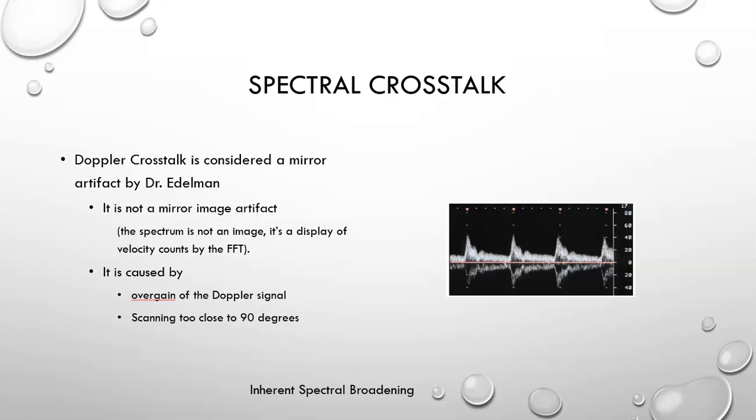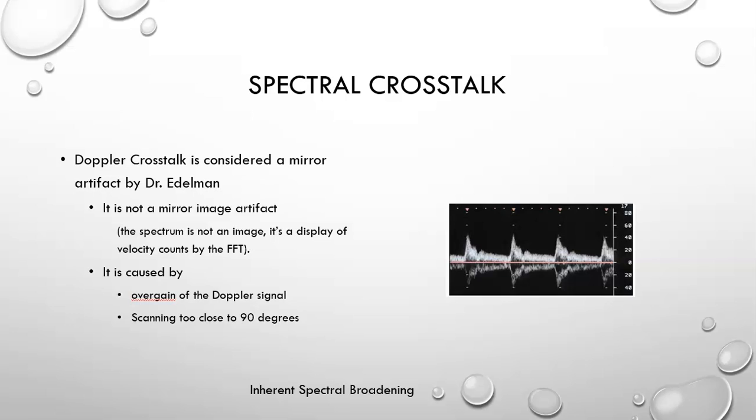What it is caused by is overgain of the Doppler signal, which oversaturates the phase quadrature detector, the thing that determines the direction of the blood flow, or by scanning too close to 90 degrees.